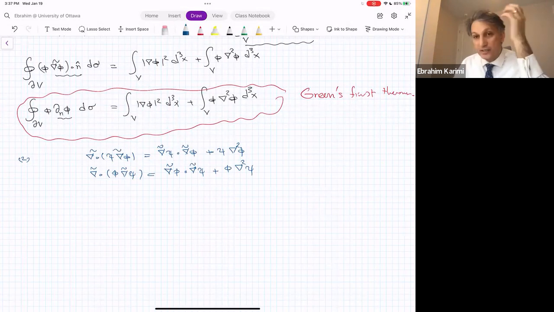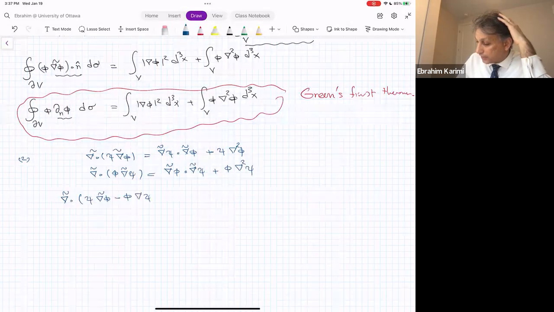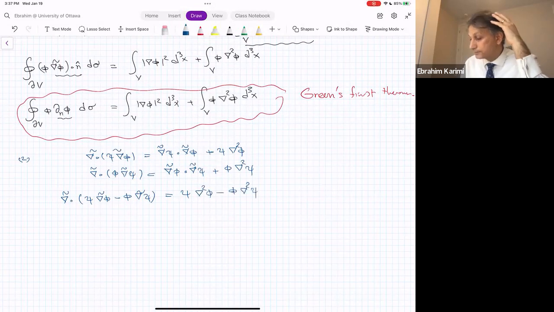Now let's subtract these two, okay? If you subtract them, you will get the divergence of psi gradient of phi minus phi gradient of psi, equal to psi Laplacian of phi minus phi Laplacian of psi. Do you agree?